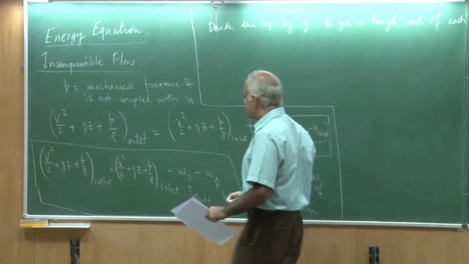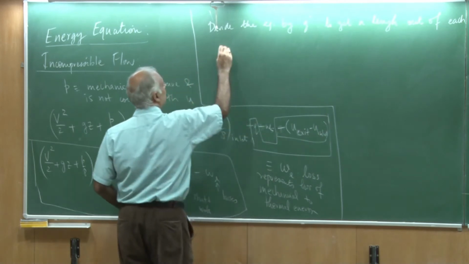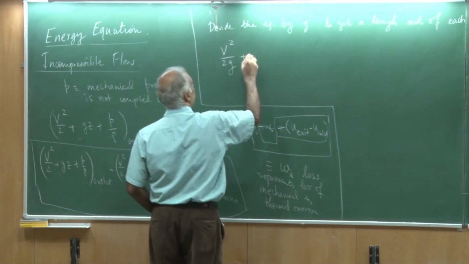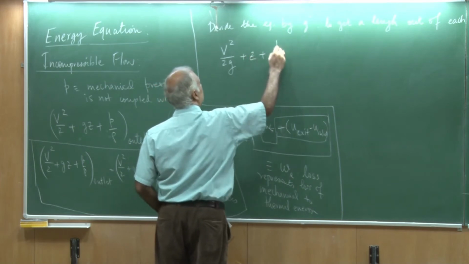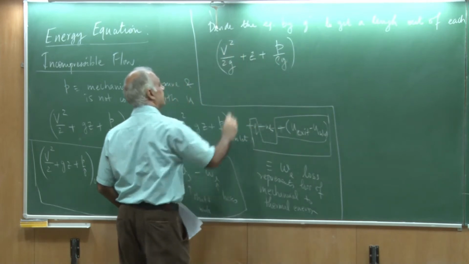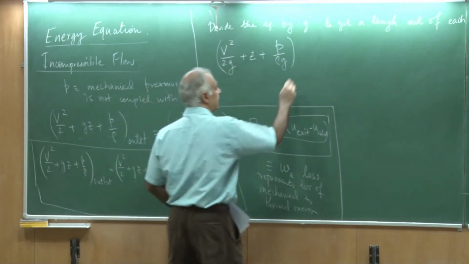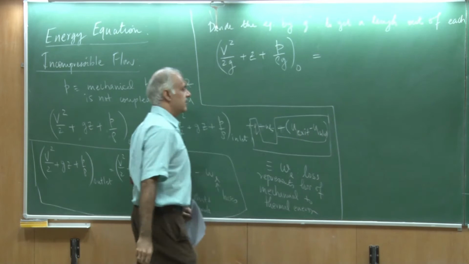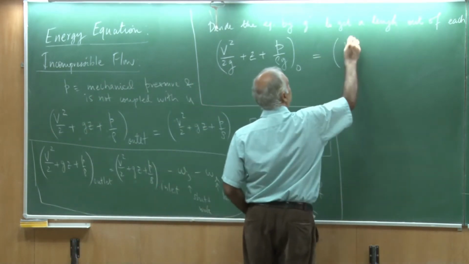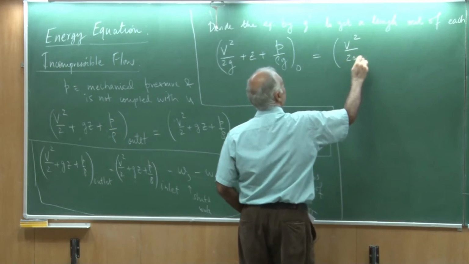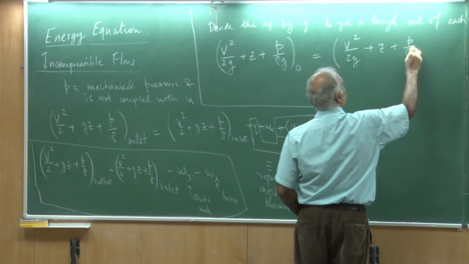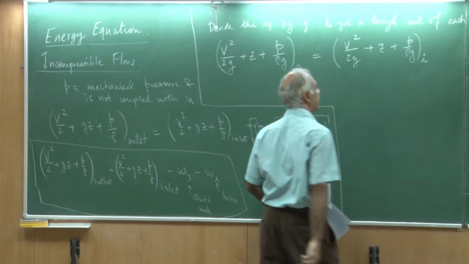So, if you do that, you would get the following: v square by 2g plus z plus p by rho g. This is at the outlet, and it is related to the same quantity at the inlet, v square by 2g plus z plus p by rho g at the inlet.